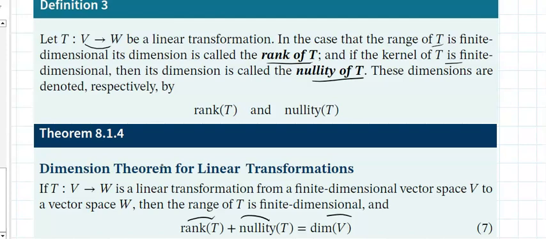So we're going to denote those by rank of T and null of T. Remember, the rank of T is the range, so it's really in W.